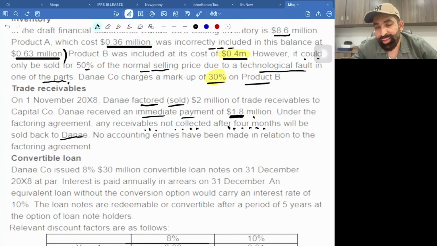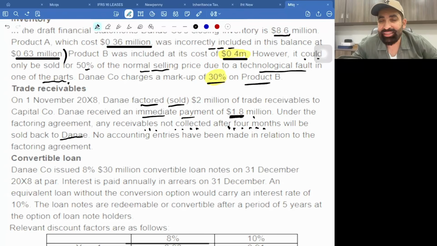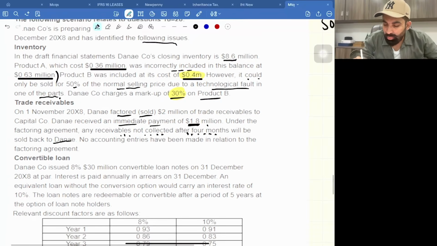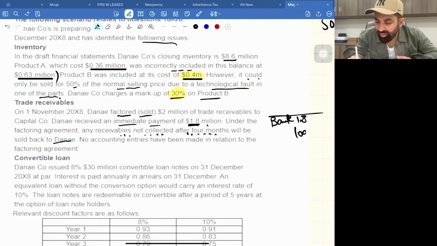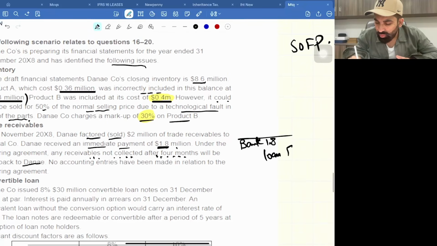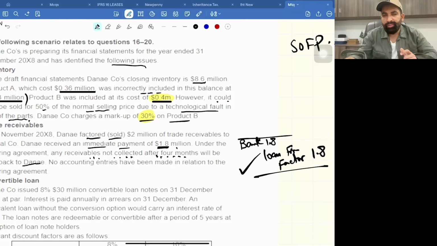If the risk has not been transferred, it is not sold. In that case, this 1.8 million will be treated as a loan. So you need to make only one small entry: bank debit 1.8 and loan from factor credit 1.8.